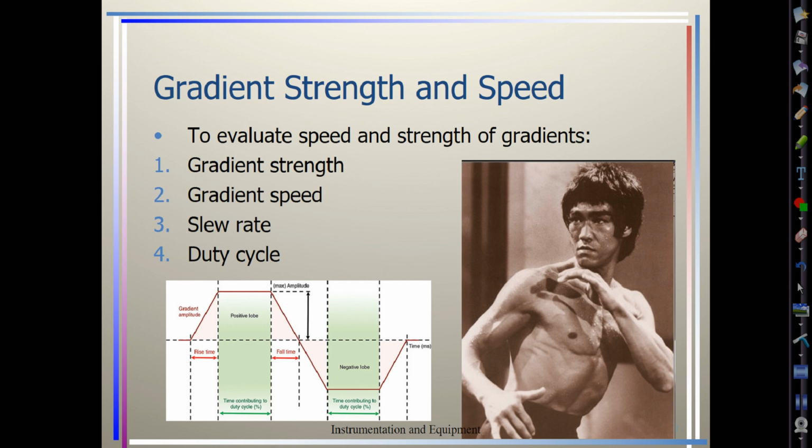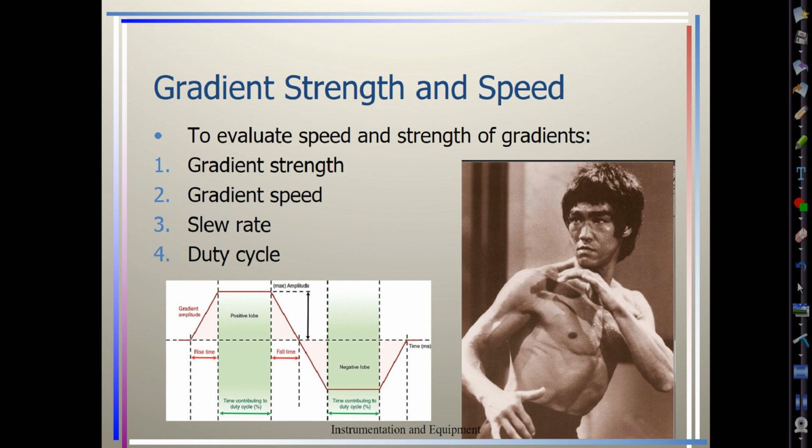So there are some terms that we need to know in terms of gradient strength and speed. These are also referred to as the gradient activation terms. So you've seen this diagram before because we had to know this for safety. And the most important one in terms of safety is the slew rate.